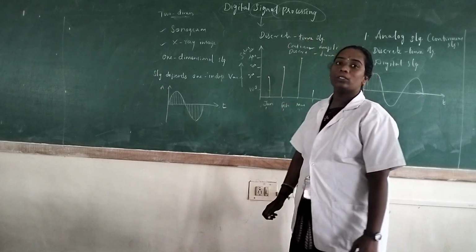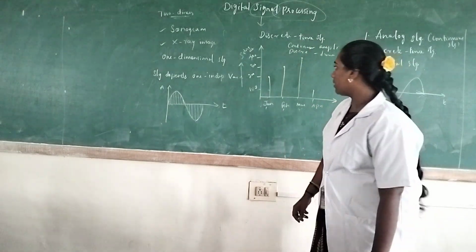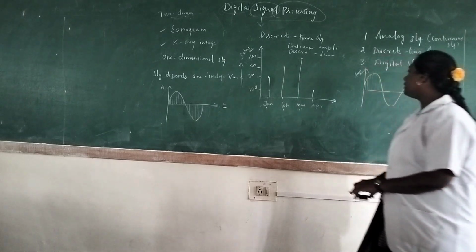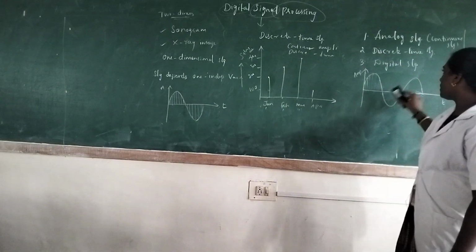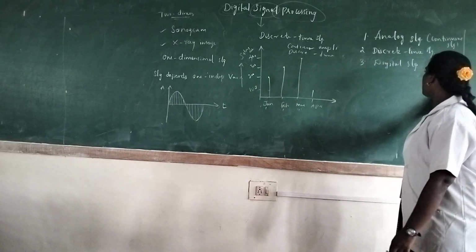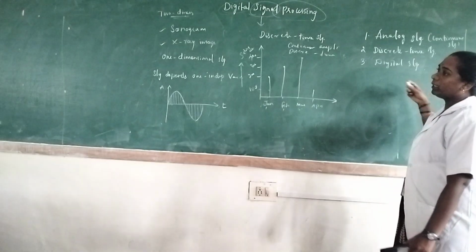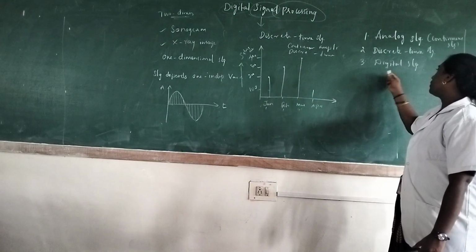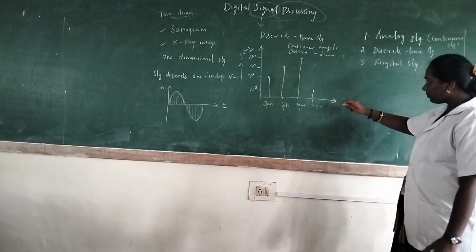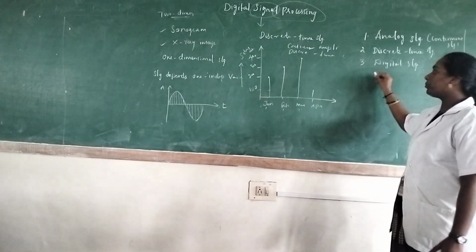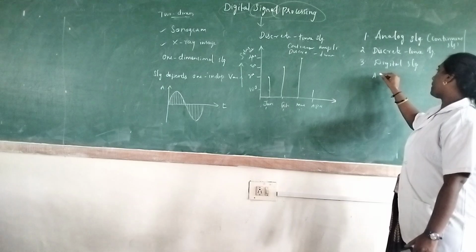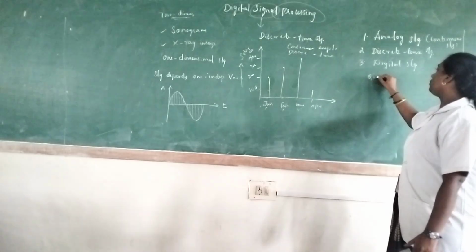And the third type of signal is the digital signal. In a digital signal, the time period is discretized and the amplitude is quantized.